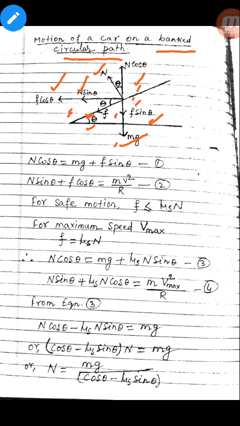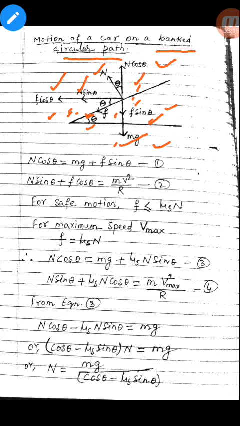So we see that two forces are in the horizontal direction, F cos theta and N sin theta, and in the vertically downward direction are F sin theta and its weight mg. In the vertically upward direction is N cos theta.